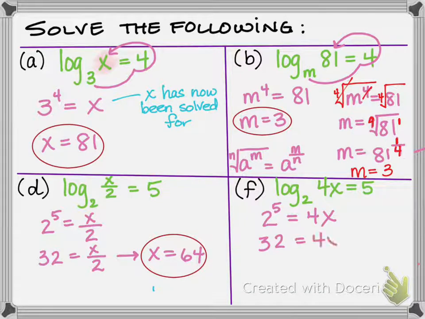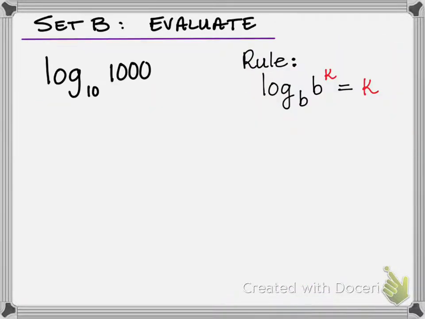And if I had to solve for x, I had to divide by 4 on both sides to get me x equals positive 8. Okay. Alrighty. So that's how you do some basic solving of equations. Okay. Let us keep moving on.